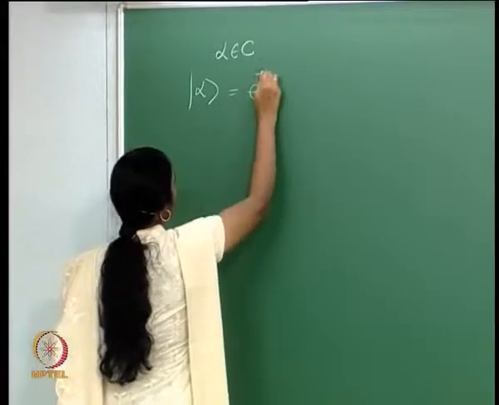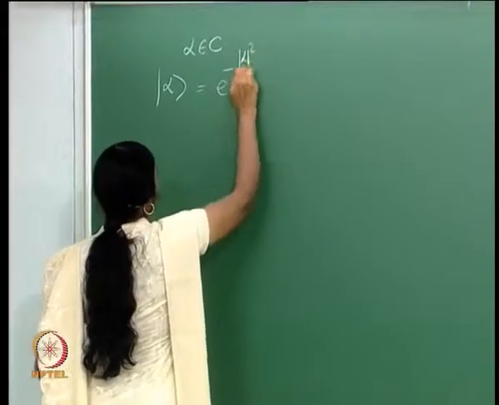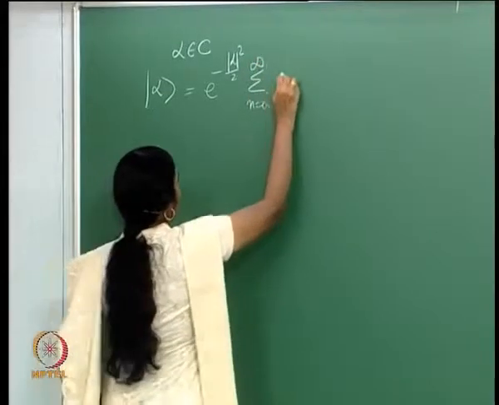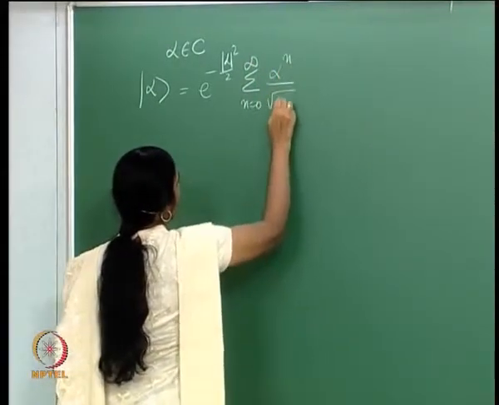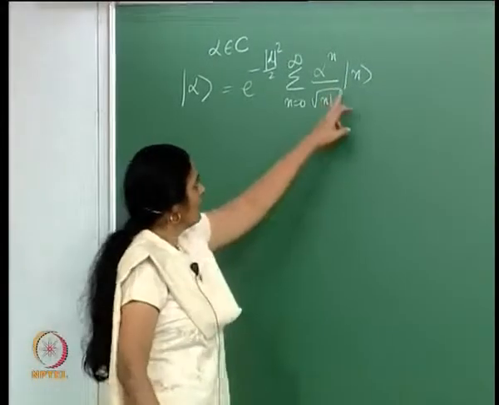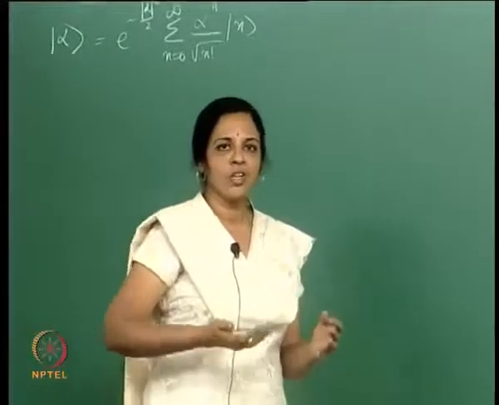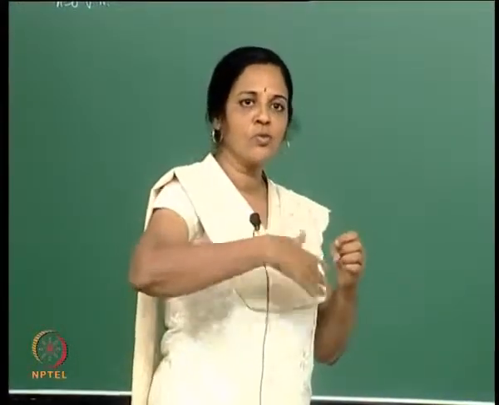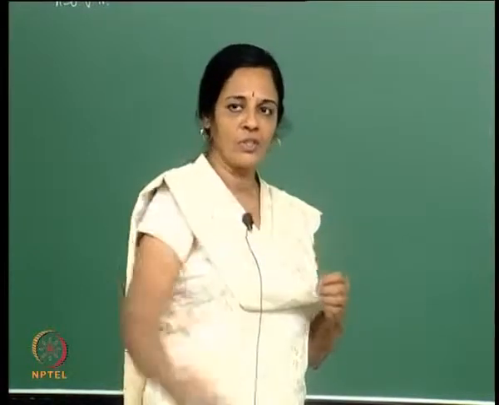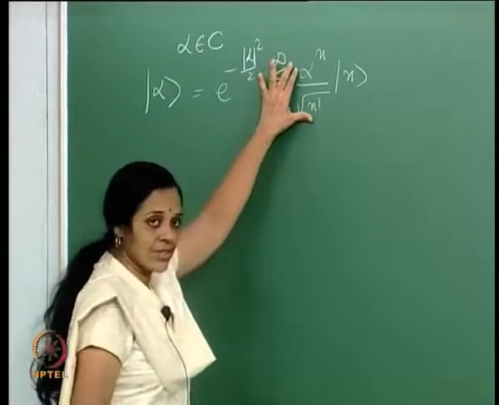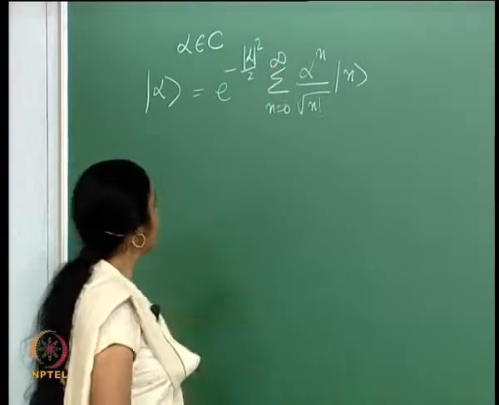It is e to the minus mod alpha squared by 2, summation n equals 0 to infinity, alpha to the n by root n factorial, ket n, where the ket n's are the photon number states. So you can have a superposition of the 0 photon state, the 1, 2, 3 and so on, with a very specific weightage in front of each state.